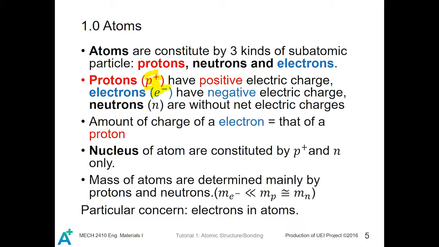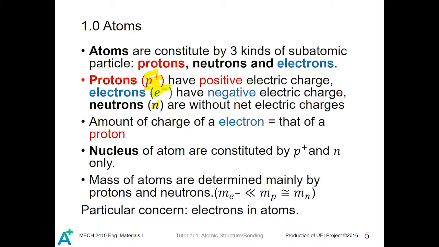Neutrons, with a symbol of N, are without any net electric charge. And the amount of charge of an electron is equal to that of a proton, but their signs are different. For protons, it is positive. For electrons, it is negative. But the magnitude of charges is the same.